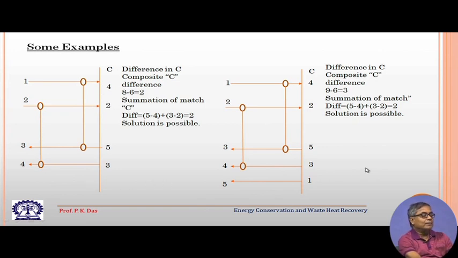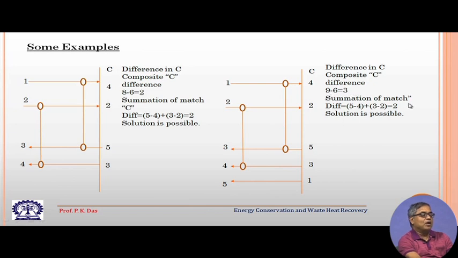And here you see another example we have given, where there are 3 streams on one side and 2 streams on the other. So, the difference in composite heat capacity rate: 5 plus 3 plus 1, that is 9, and 4 plus 2, that is 6, so 9 minus 6 is 3.